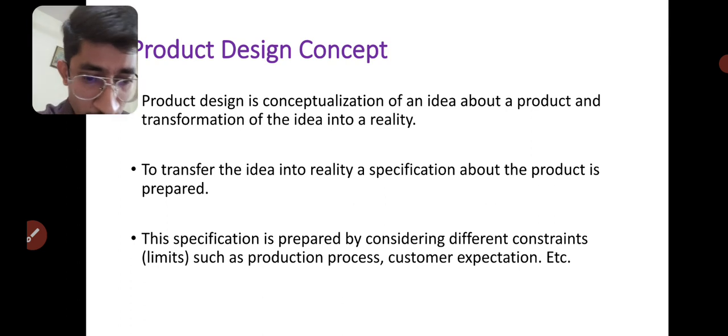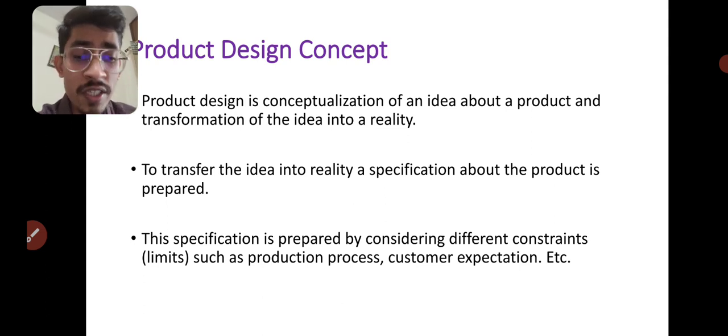If I want to design LED TVs, this LED TV concept is the thought process of the researcher before going to manufacture LED TVs. The thought process or idea comes into the mind, and to convert that thought process or idea into reality, we need to go through various research.